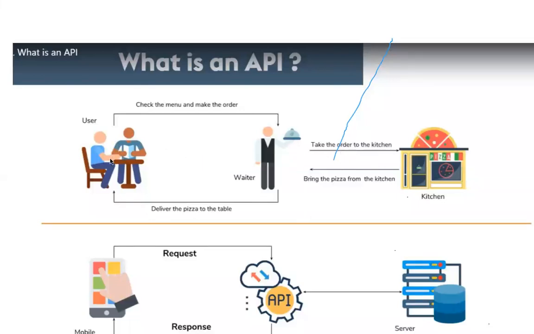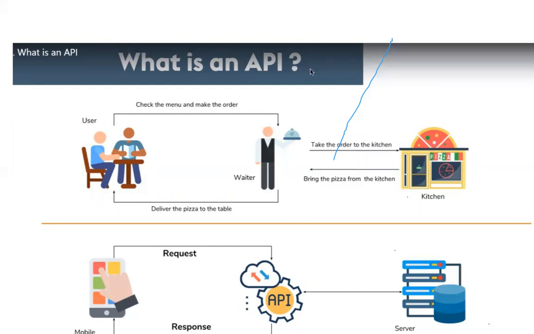So here, as a customer, you are giving a request to the waiter saying, hey, I need this chicken biryani. He is going to make a note of what and all you want, chicken biryani or starter, something. That request, he is going to pass to the kitchen.